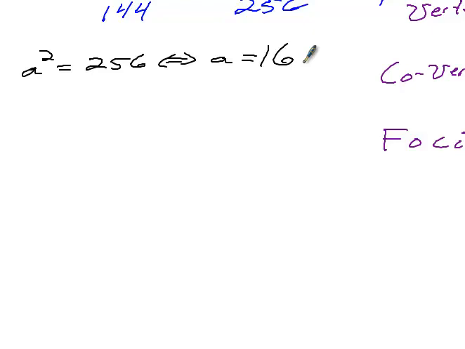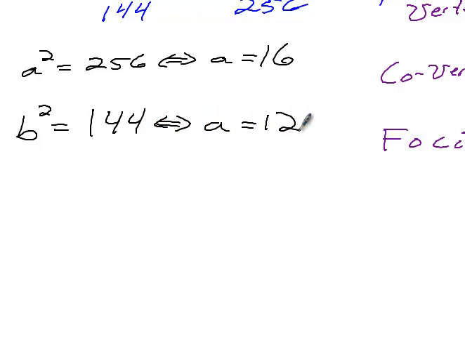Okay. B squared is then equal to what? 144, which means that B is equal to what value? 12, right? Everybody okay so far?